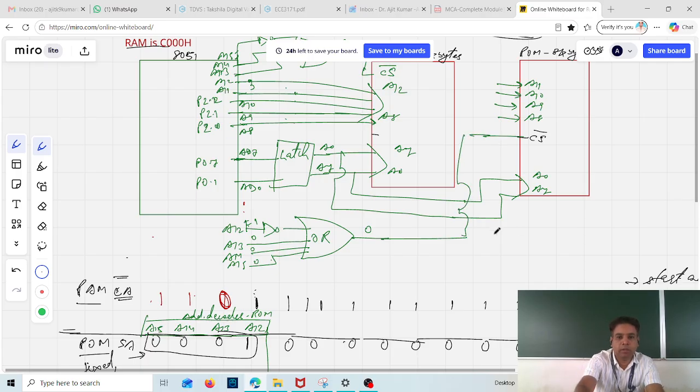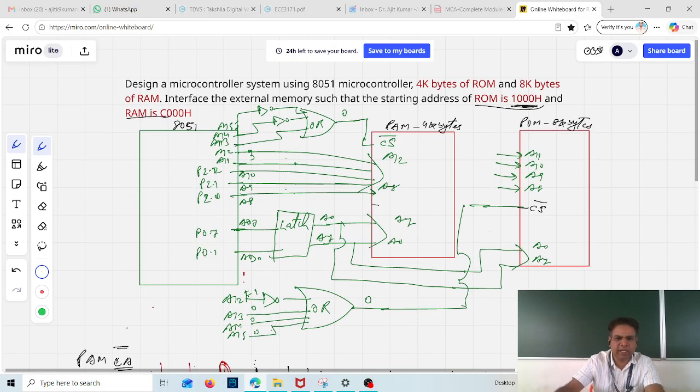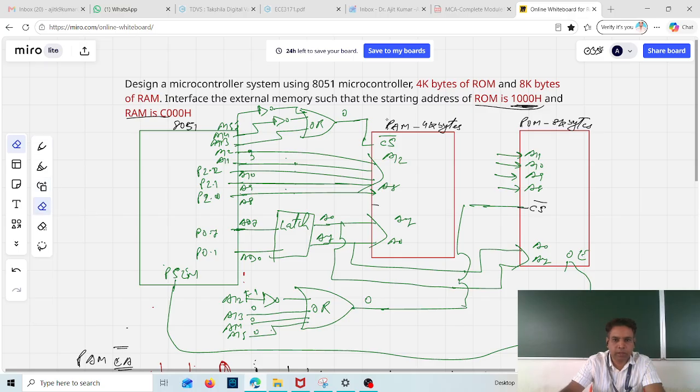So this is the logic gate address decoder circuit, and then a few more. Here will be the output enable that will be connected with PSEN, program store enable, for the ROM. So this PSEN will be connected with this OE pin. And similarly here also we have RD and WR pins.